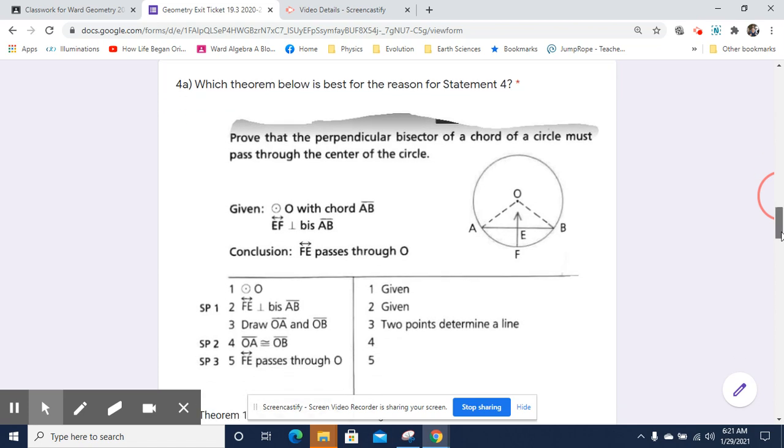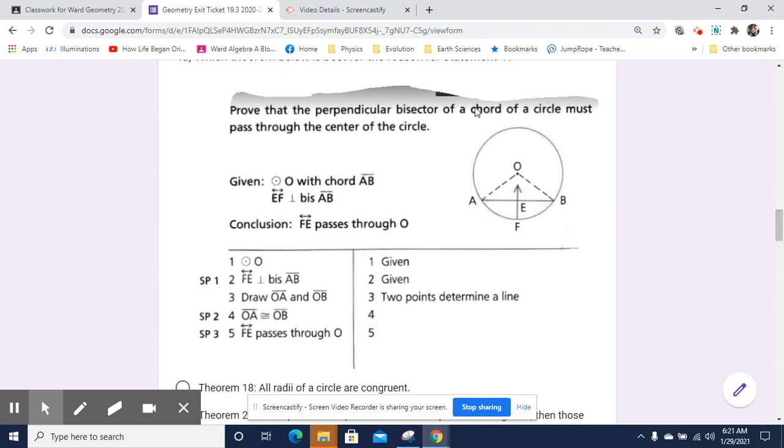So 4A, prove that the perpendicular bisector of a chord of a circle, this is a chord of a circle, any kind of line segment that connects two parts of a circle is called a chord. The largest chord is called the diameter. That's the one that goes all the way through the center and is the largest distance from one side of the circle to another.